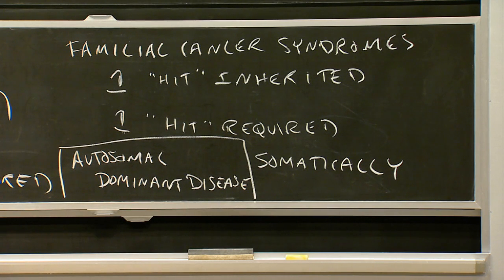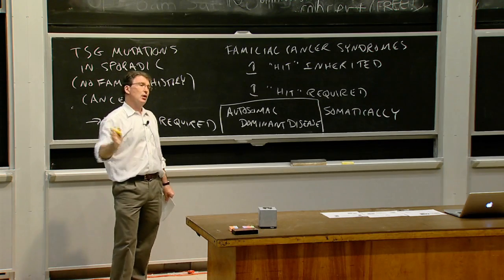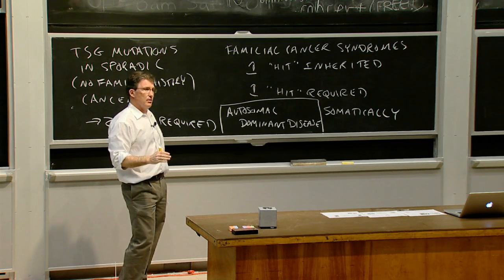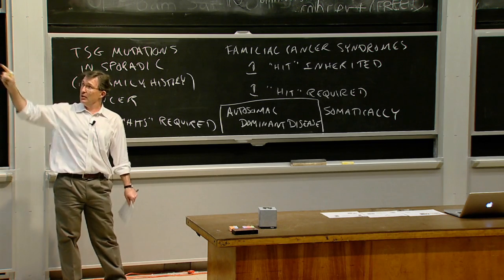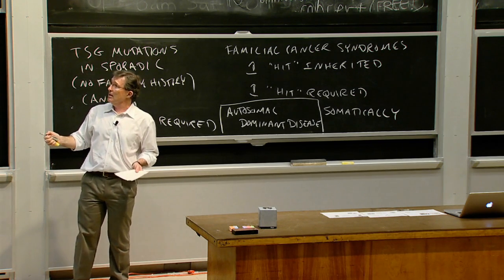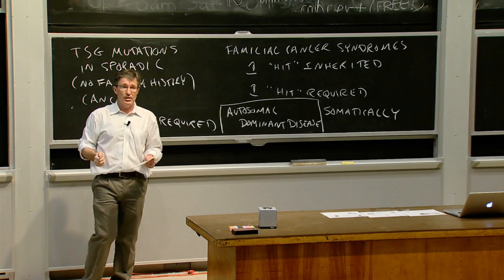If you inherit the disease allele, you have a very high likelihood of developing the disease, regardless of who your other parent was. It looks like an autosomal dominant disease with actually incomplete penetrance, as we can see here, and we'll talk more about this in a second.